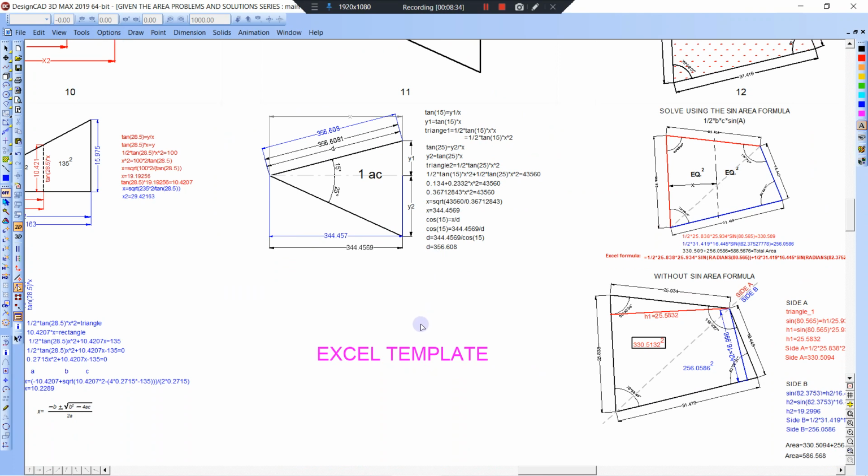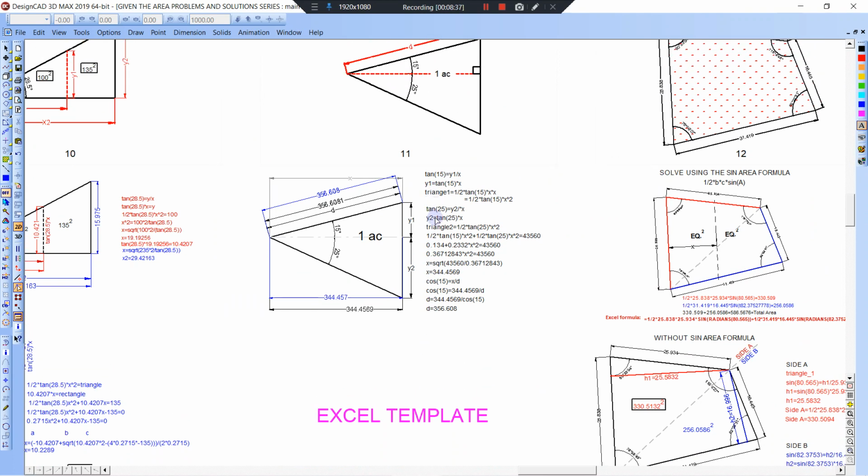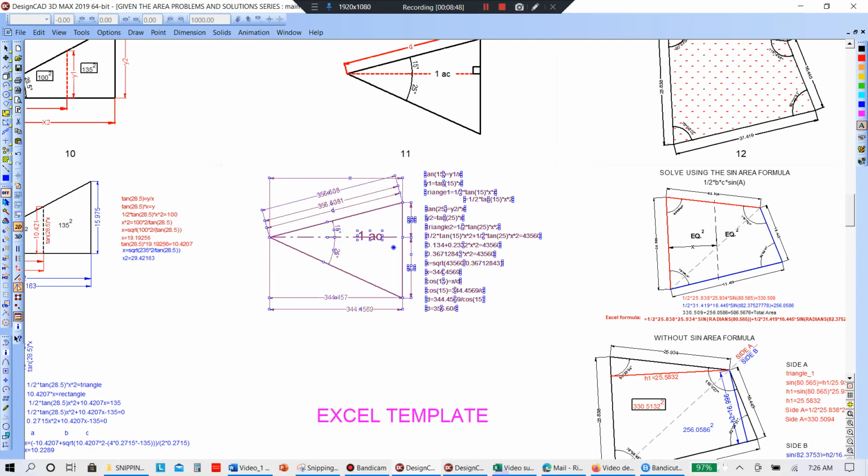So maybe I could show you how to do this in a template. If we took that and copied it, let's just take the whole thing and copy and paste it. Let's see if we can knock that out in a couple minutes.